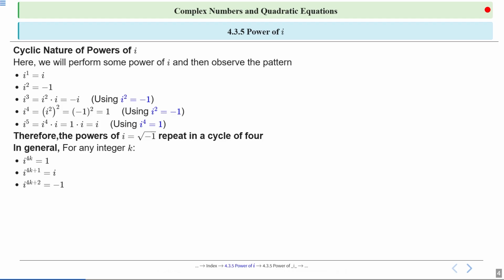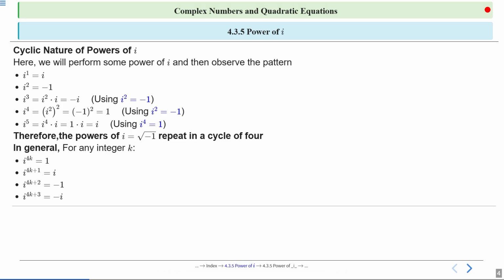Then, iota to the power 4k plus 2 equals minus 1. So if the exponent leaves a remainder of 2 when divided by 4, the result is minus 1. Finally, iota to the power 4k plus 3 equals minus iota.